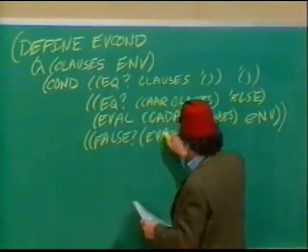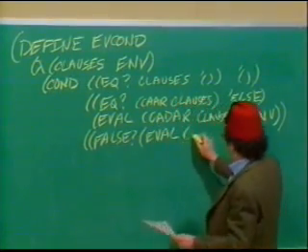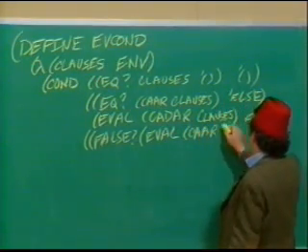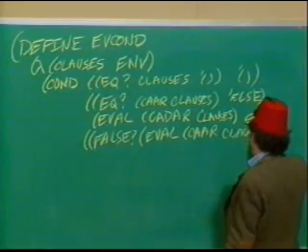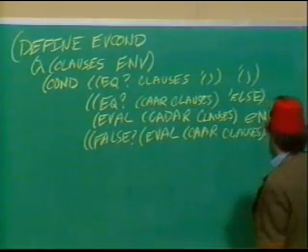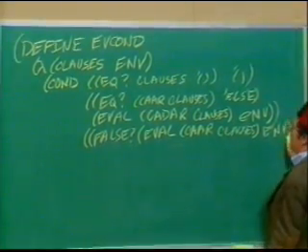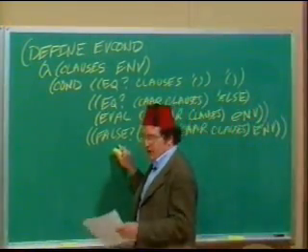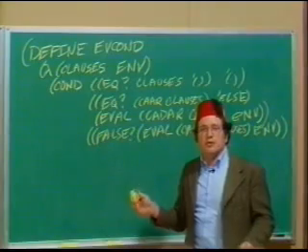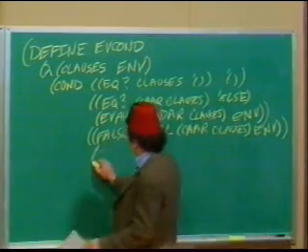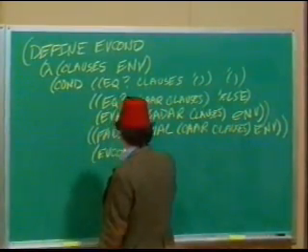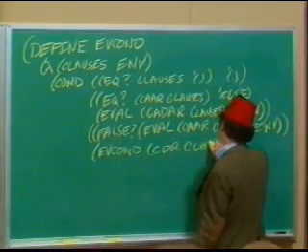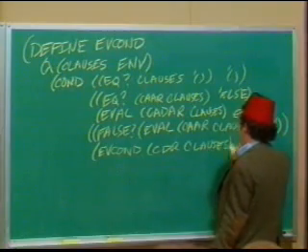If the result of evaluating the first clause, first predicate, the caar of the clauses, with respect to the environment, if that evaluation yields false, then it means I want to look at the next clause. So I want to discard the first one. So we just go around the loop, evcond, the cdr of the clauses, relative to that environment.